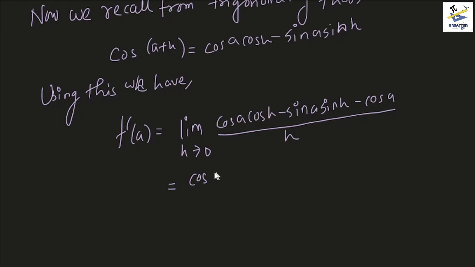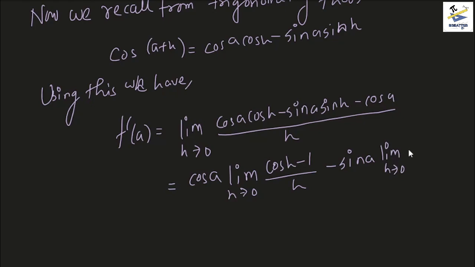So we can again distribute it as follows. Take cos of a common and we can write it as limit h tends to 0 of cosine of h minus 1 by h, minus sin of a common, limit h tends to 0 of sin of h by h.